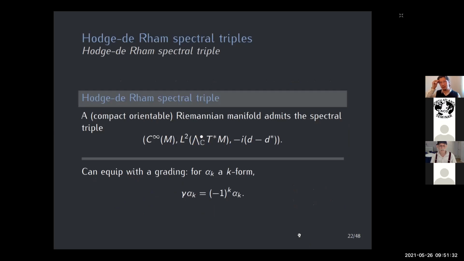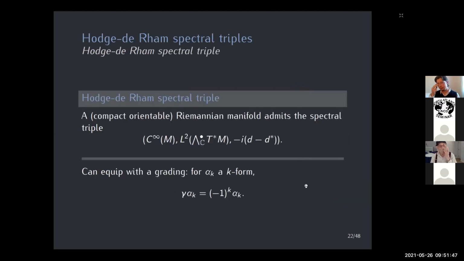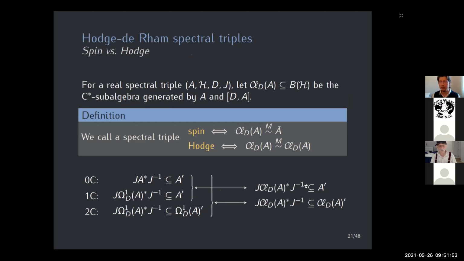So now enter Hodge-de Rham spectral triples. Why? Well, the Hodge condition we already know can be satisfied by finite spectral triples. So it's natural to ask, can it be satisfied by commutative spectral triples? Well, in general, can I go back to your previous slide?